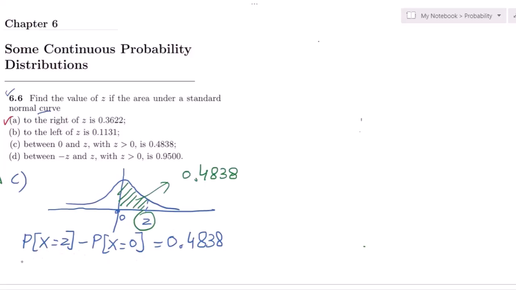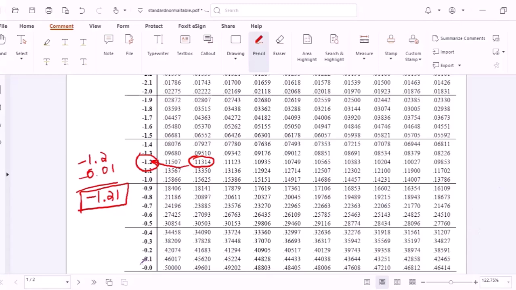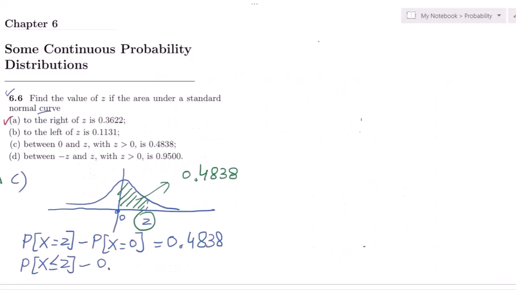Now we know that this was x less than or equal to z, while this one, you can consult the table, is 0.5. Let me write it here: 0.5, and 0.4838, so it would be the probability that x is less than or equal to z.